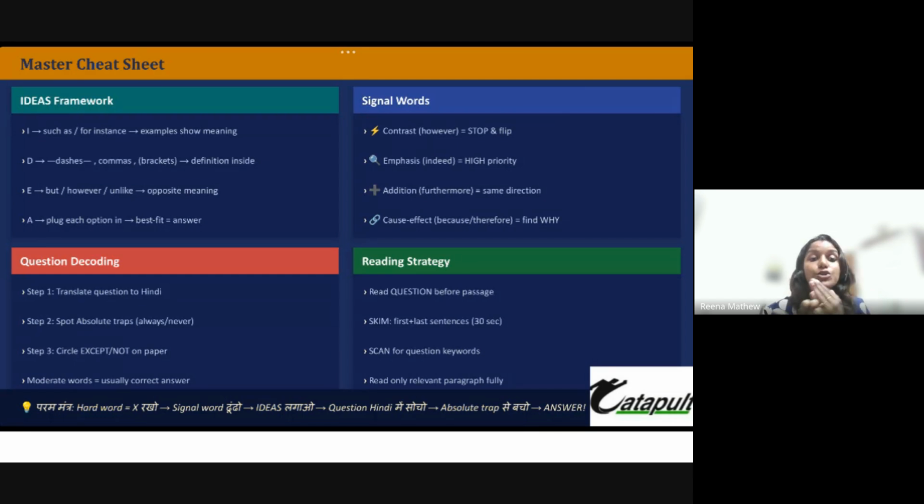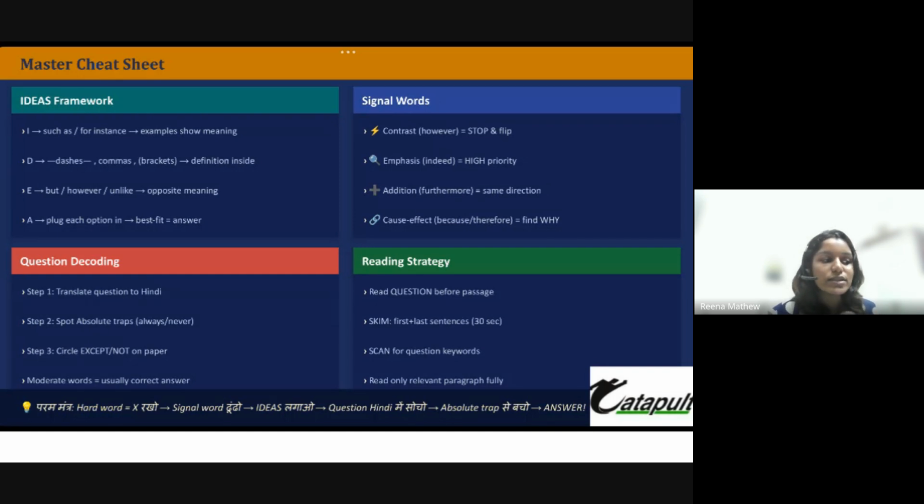Then you have the substitution method. Even if you don't know the answers, substitute the options one by one. Okay, and signal words: addition words, cause and effect words, contrast words, so that you have to identify. Or skimming, scanning, those are reading strategies.